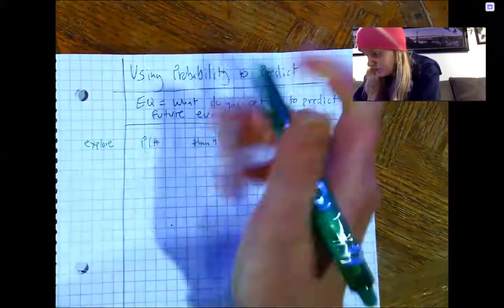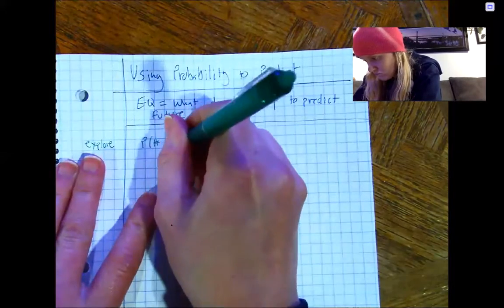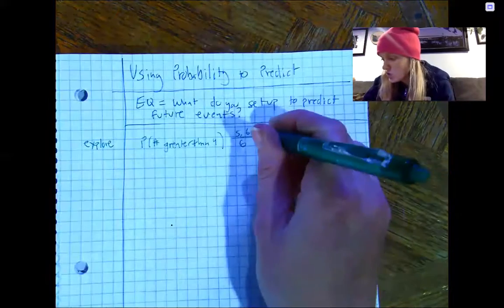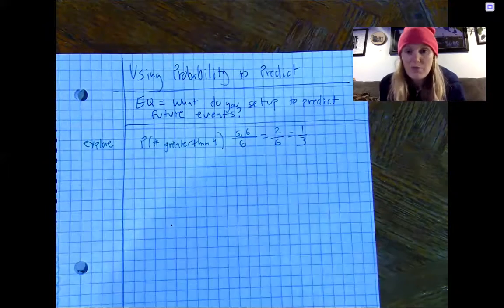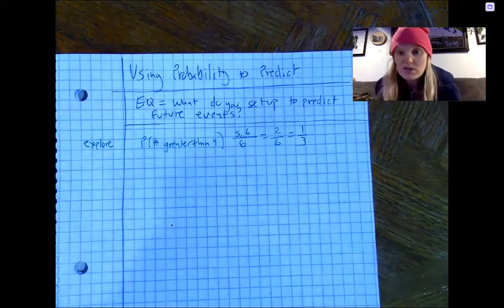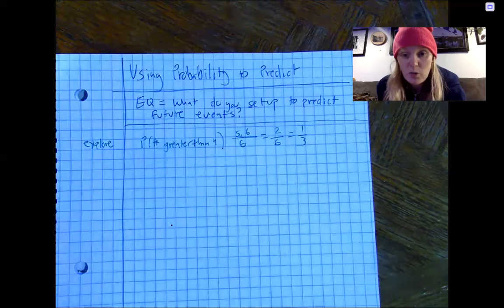Okay, so that happens 2 out of 6 times, which reduces to 1/3. So we know that the probability of rolling a 5 or a 6, a number greater than 4, happens 2 out of 6 times, so 1/3.